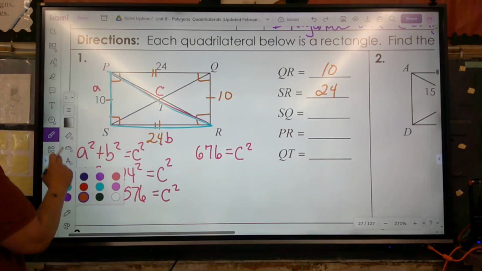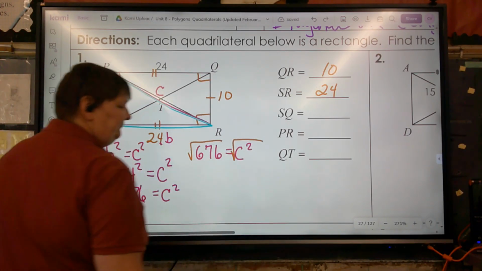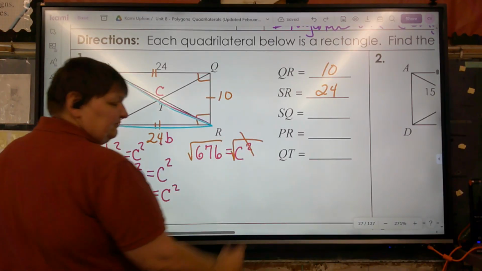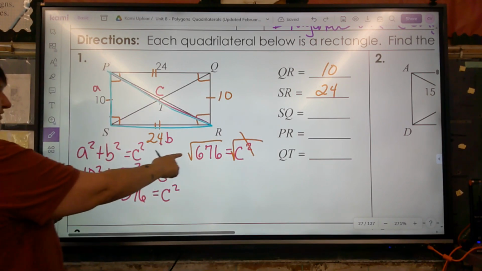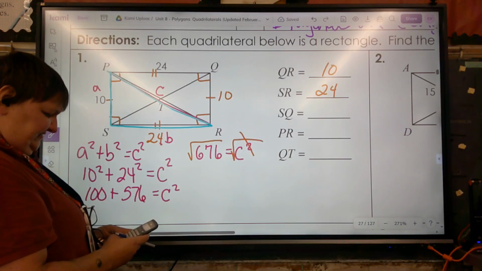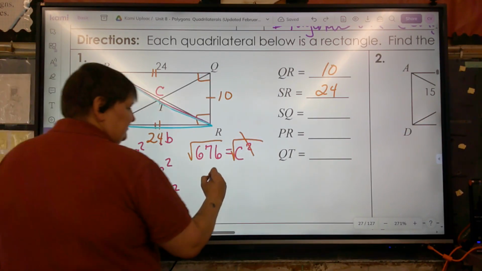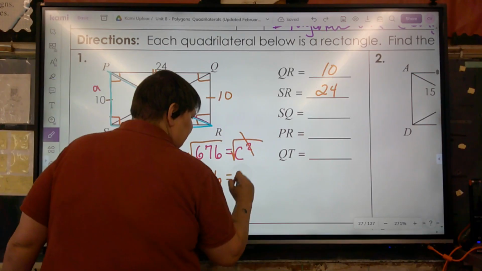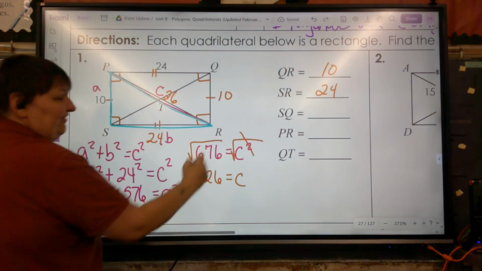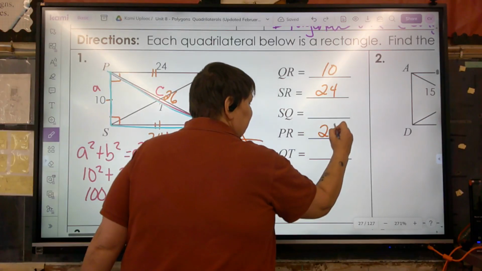If you take the square root on both sides, this square root cancels that square. Now we need to find the square root of 676. The square root of 676 is 26. So 26 equals C. So C is 26. The total of that line is 26. So P to R is 26.